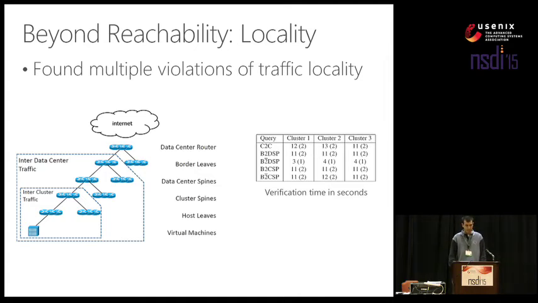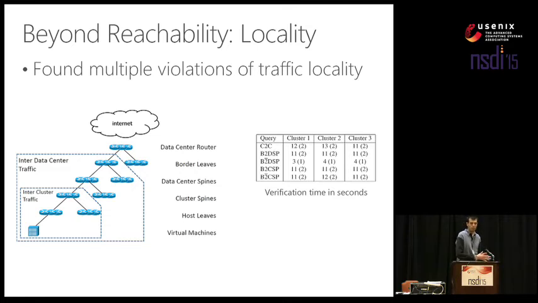The next 4 lines check whether traffic coming from the internet to some specific service inside of the data center goes to the specific data center spine or the cluster spine. It's also done in a matter of seconds. We found multiple violations of this obvious belief, and these were possibly caused by either bugs in the wiring during build-out or routing bugs.